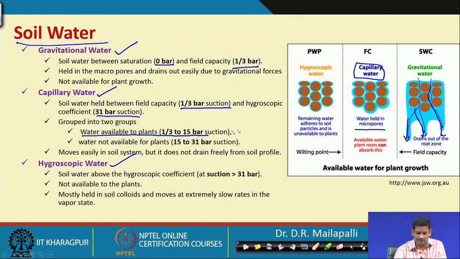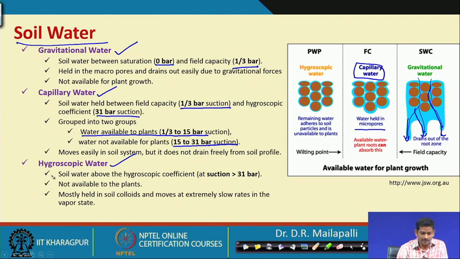This is the wilting point. The water not available to the plants is between 15 and 31 bar suction. It is called the permanent wilting point, and the plants cannot extract any more water, whereas between 1/3 and 15 bar the plants are going to show some wiltiness.